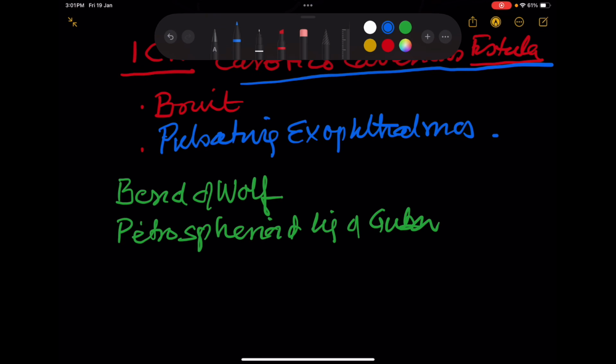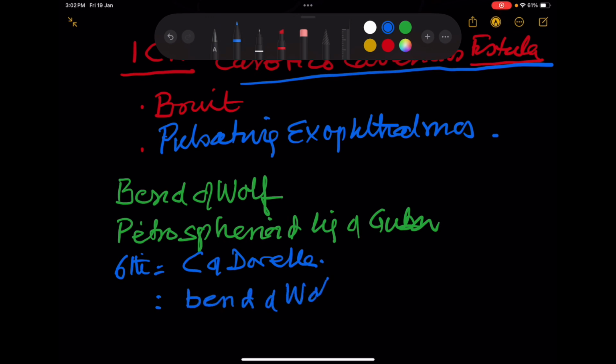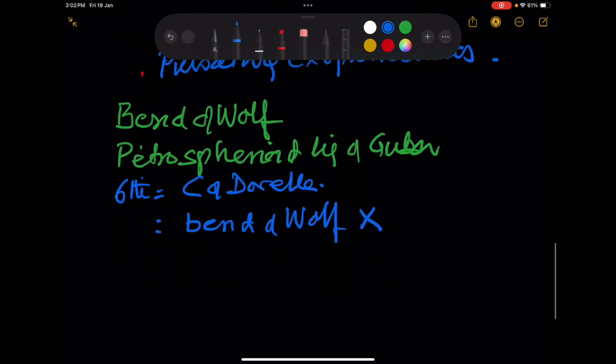So, bend of Wolf, petrosphenoid ligament of Gruber, the sixth nerve passing through the canal of Dorello, having a bend of Wolf where it is stretched and can get paralyzed if there is a supratentorial space occupying lesion.